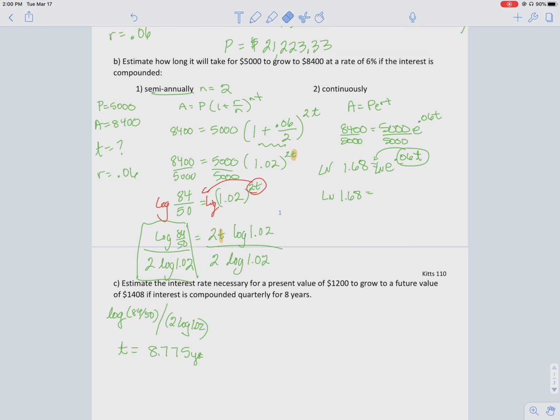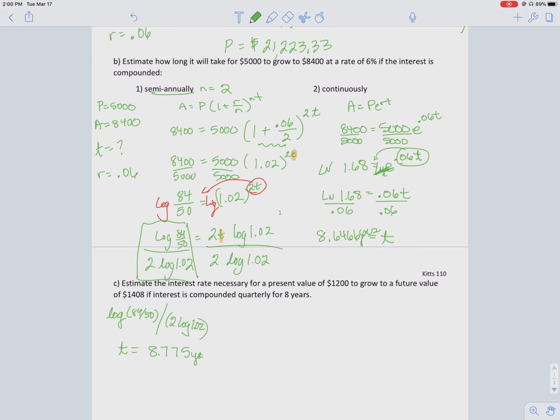Actually, it's even easier than that, because when we take the natural log of e, remember that's log base e, so that just disappears. So really that is just 0.06t. It's much easier. And then I just divide by 0.06. So I just plug that in my calculator. I should get 8.6466 years.